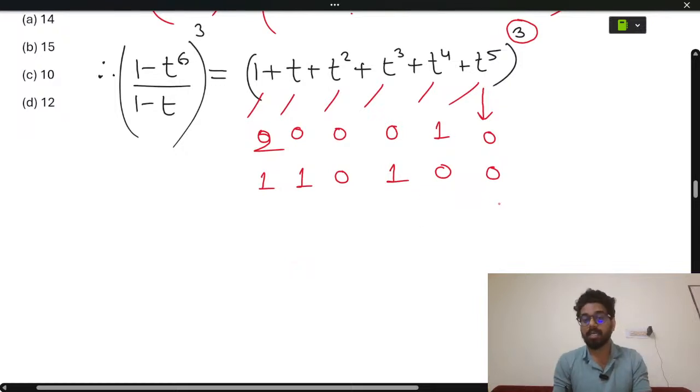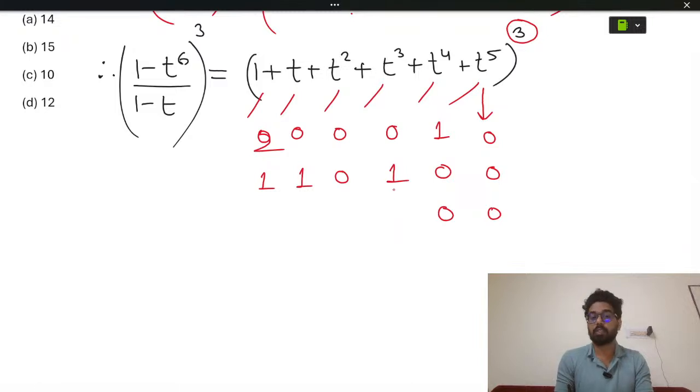Now the third case: if you are keeping 0, 0, and keeping this as 1, the only possibility is this. If you are keeping this as 0, there are two possibilities over here. One is if this is power 2, so t power 2 whole power 2 is t power 4. So you do not want any power on t from anywhere, so 0, and the adjusting part is 1.